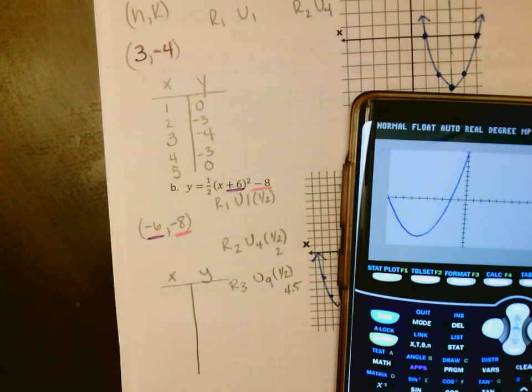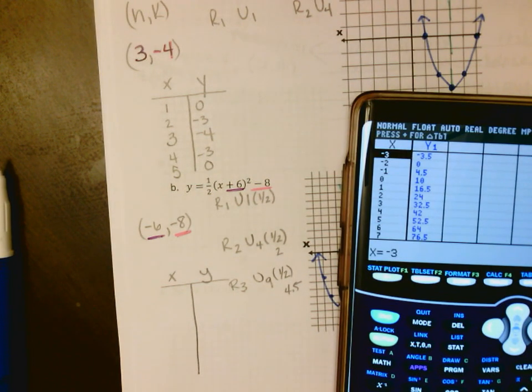Going to my table, and we got our points there, and you can see how it's really not the best. But if you go up here to -6, you can see my points and everything else. So you can get your table points and fill out your table. Make sure you got your 5 points.